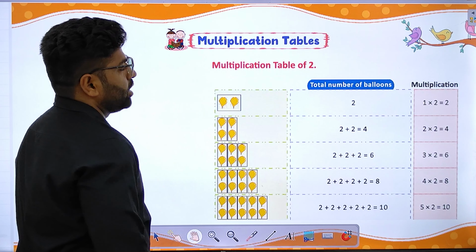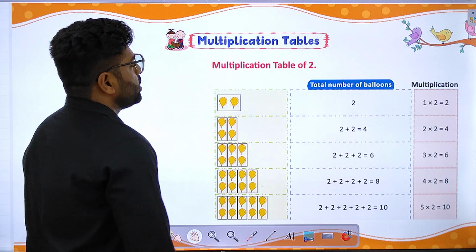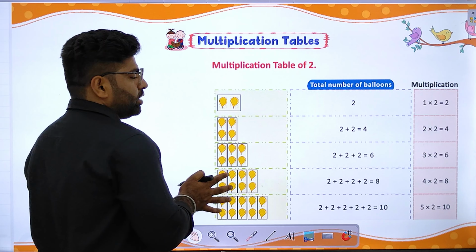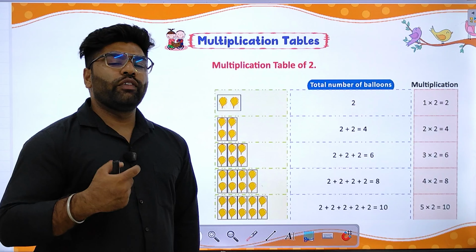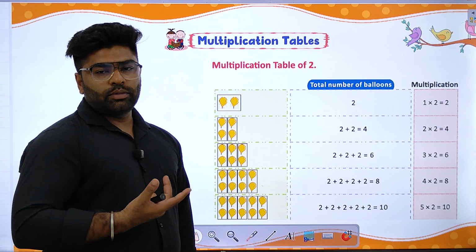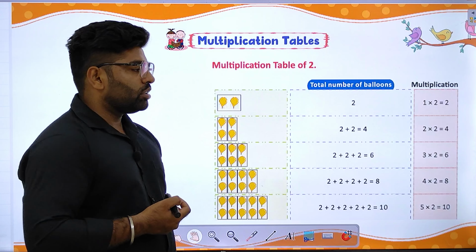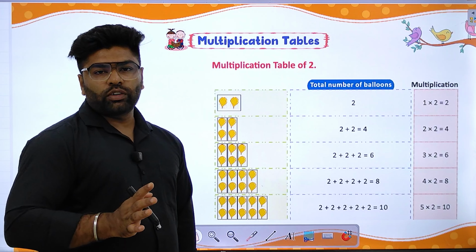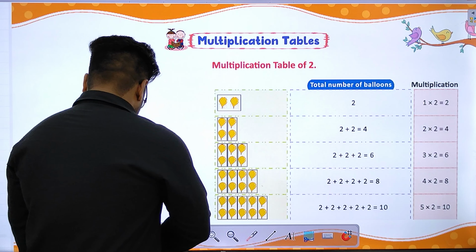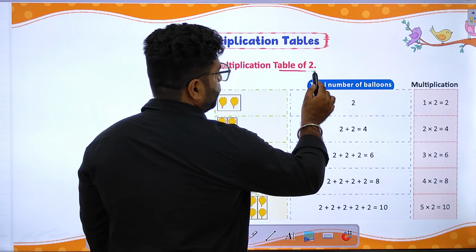Okay. Now move to our next topic, that is multiplication table. So multiplication table is so easy to learn, but you have to revise it many times over days or months. If you don't revise it, you will forget. Clear? Just like this one, this is a table of 2.